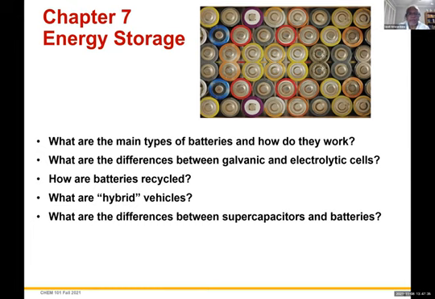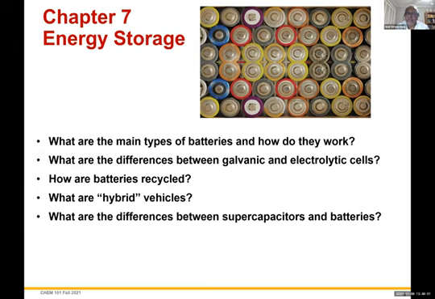What are the differences between supercapacitors and batteries? Batteries, we already talked about, have stored chemical energy, which could be converted to electricity. Supercapacitors are related to capacitors. A charge plate with a dielectric is called a capacitor.